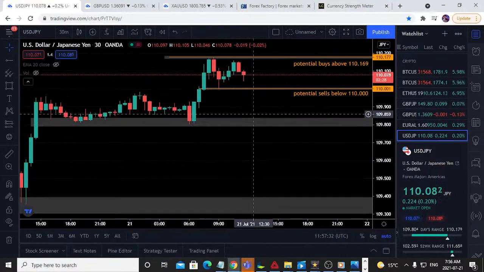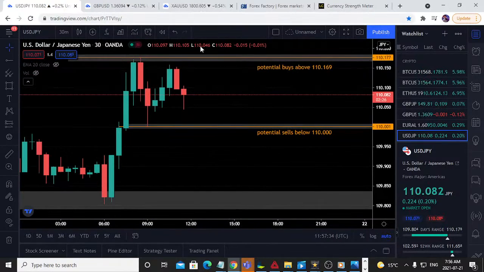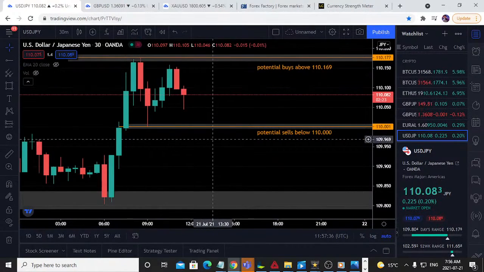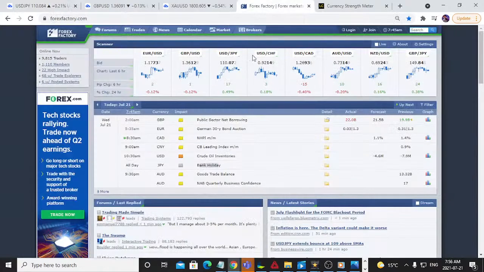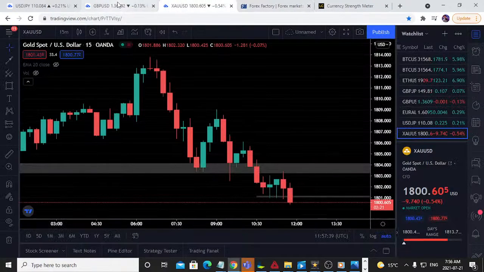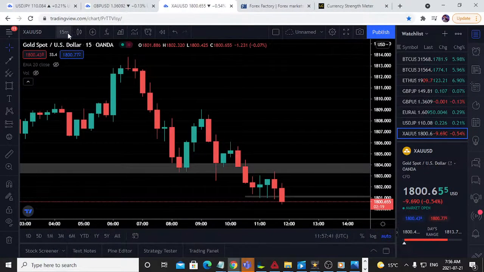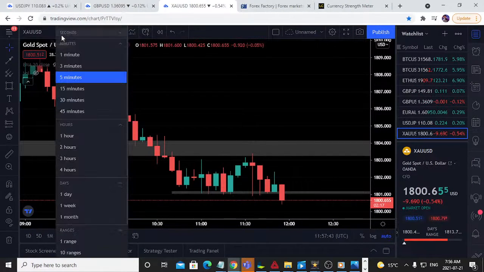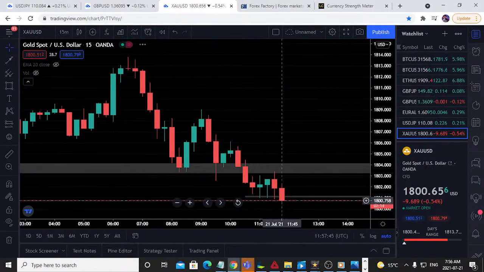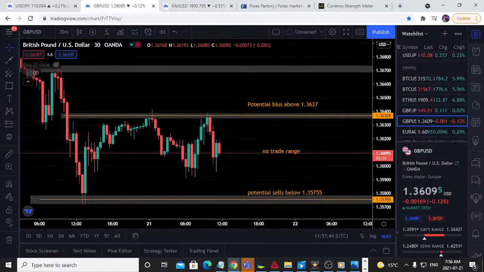Now this would have been a no trade day because it's either going to break out of here or break out of here, or there's going to be no trade because of this holiday. Gold, we can see here it's breaking lows now on the 5 minute. So maybe that's the opportunity to get into for gold.